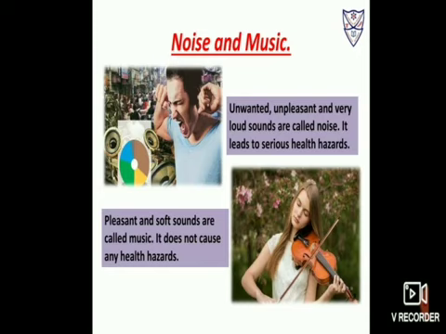This noise leads to serious health hazards. Sound produced by musical instruments like sitar, piano, guitar produces a pleasing effect on our ears and mind. Pleasant and soft sound is called music. It does not cause any health hazards.